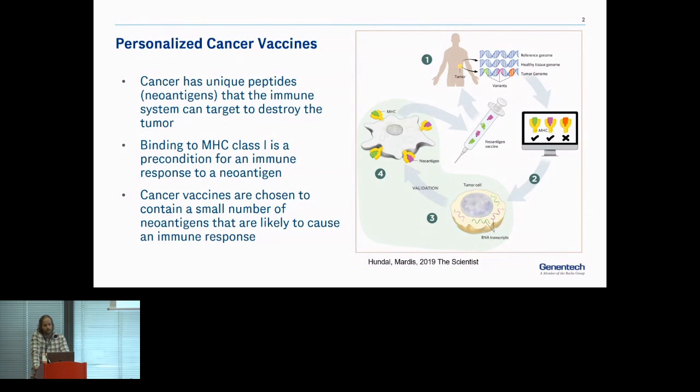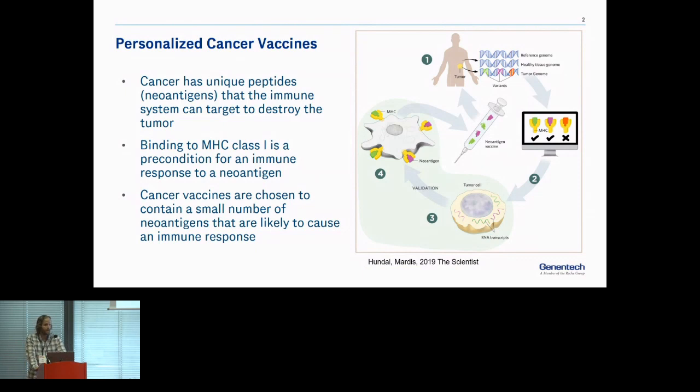MHC is a protein. It decorates the surface of the cells in your body, and it's responsible for presenting peptides. These peptides are derived from the proteins that the cell produces. Cancer cells are going to produce lots of mutant proteins, and so they'll produce mutant peptides. We call these mutant peptides neoantigens.